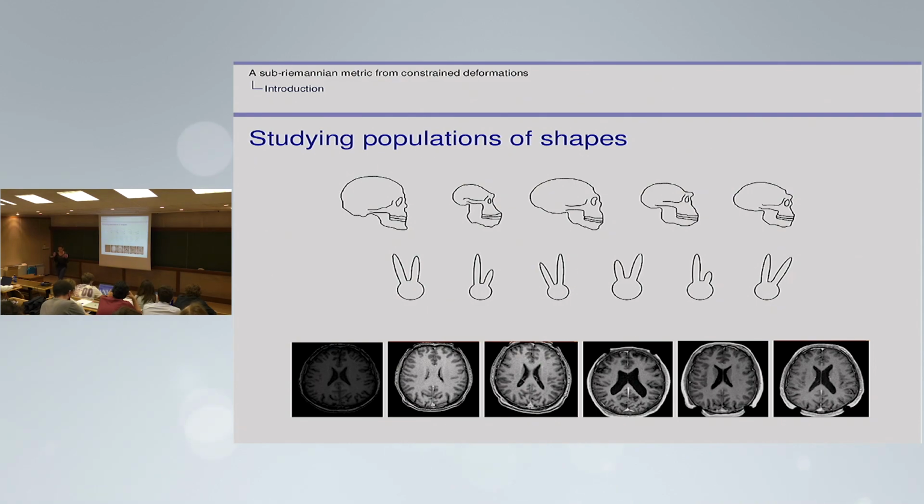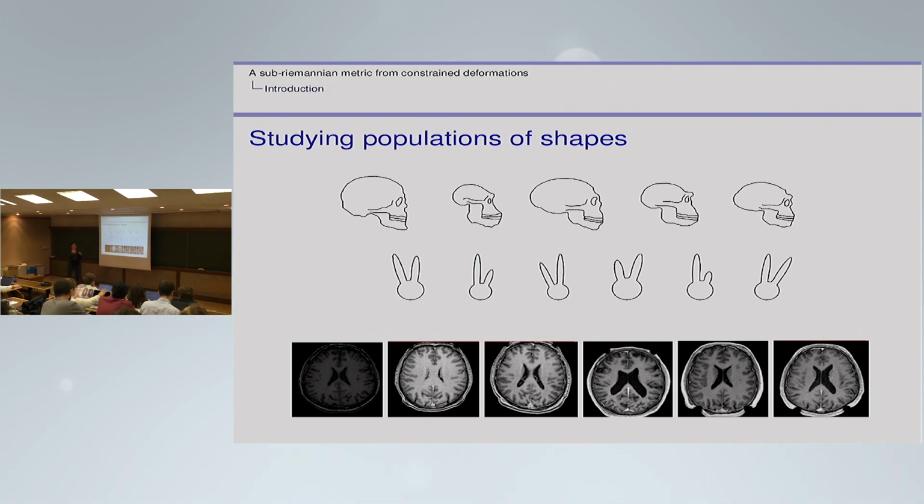When I say study one population of shapes, it doesn't mean, for instance with the rabbit head here, study individually each subject that we have and then compare the analyses. It means directly study the set of objects that we have, and in particular, study directly the differences between two individuals.